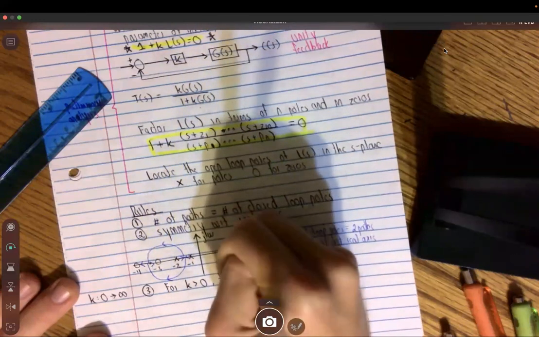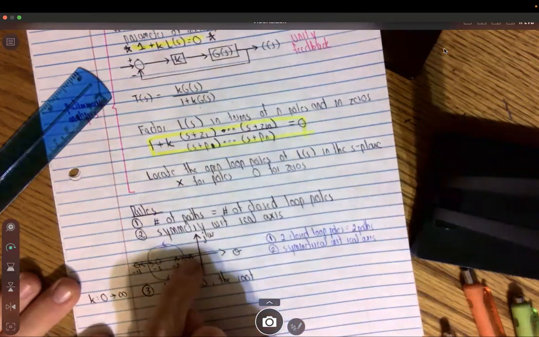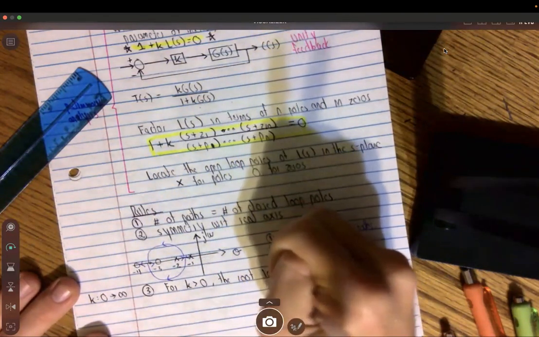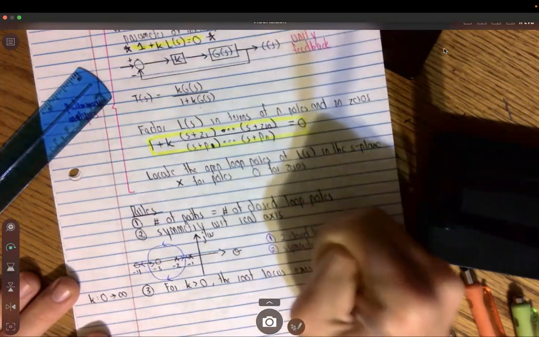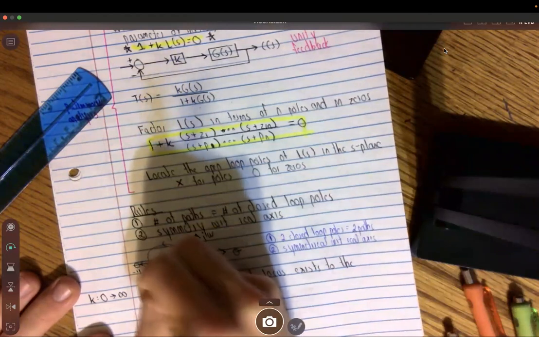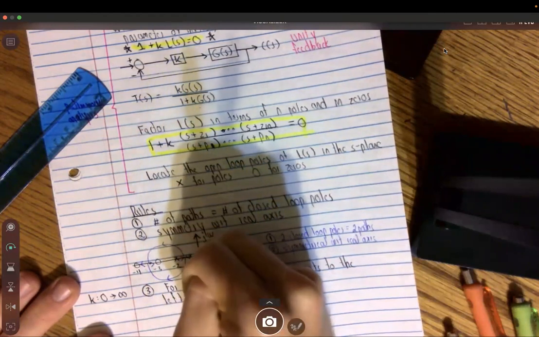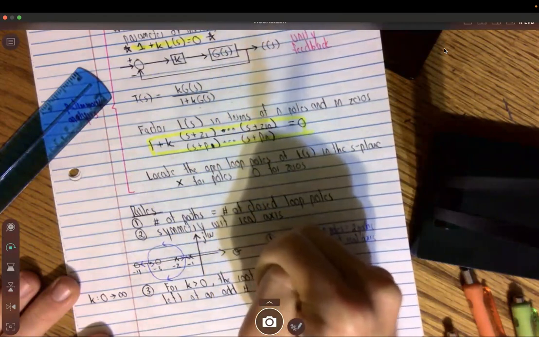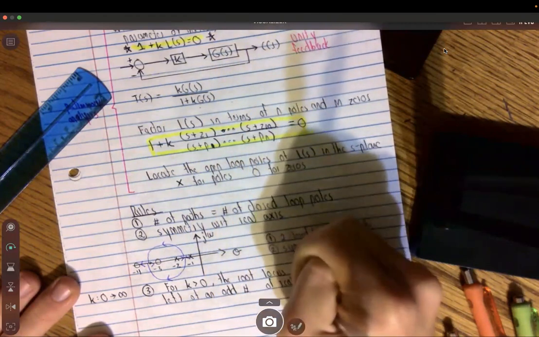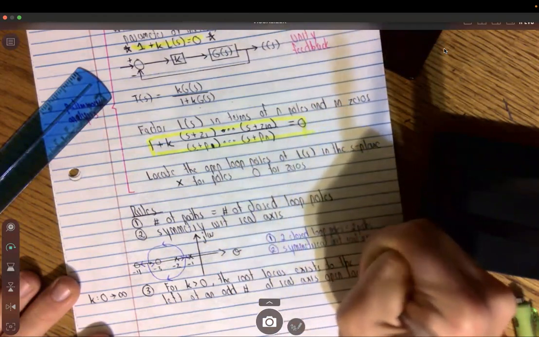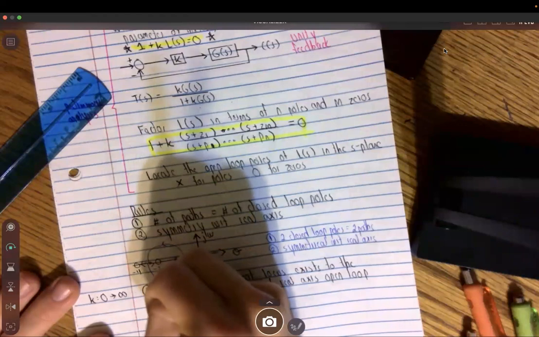The root locus, which is the path by the closed loop poles. So the root locus exists to the left of an odd number of real axis open loop poles and or zeros.